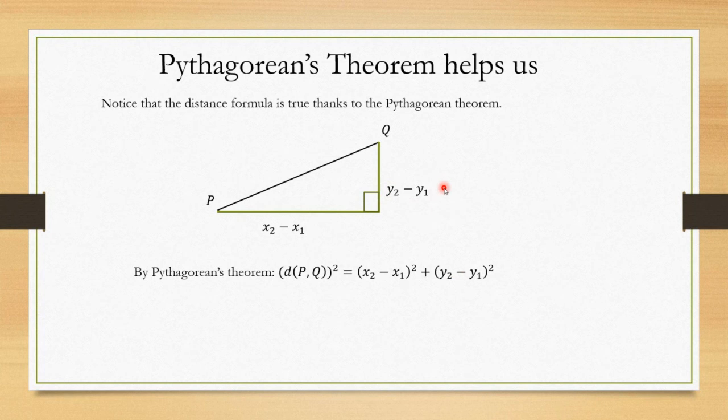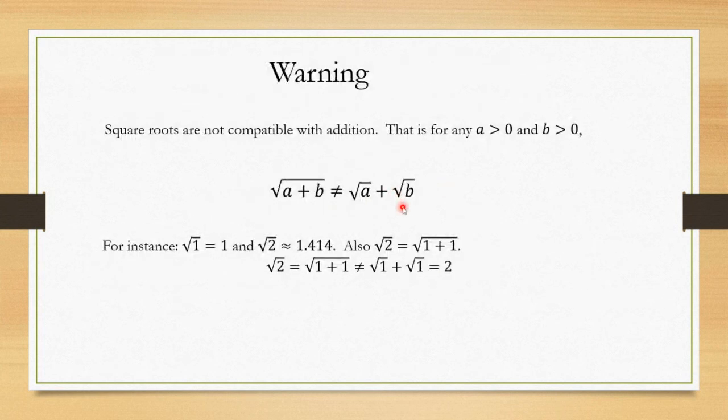Now, there's also what we call a midpoint formula. But before I get to that, let me just say this. You have to be careful with square roots, though. The square root of a sum is not the sum of the square roots. That's what I'm showing you here.